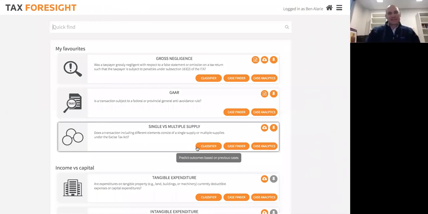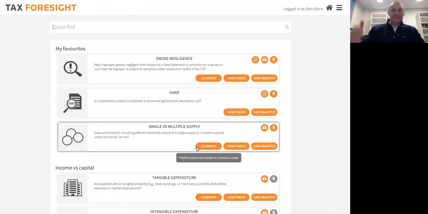The other way to test out of sample is to take cases as they're decided. New cases get decided in each of these categories very, very frequently, which is one of the reasons why, by the way, it's impossible as an accountant or a lawyer to stay up with all the cases that get decided. Nobody has the time to read every case as they get decided.